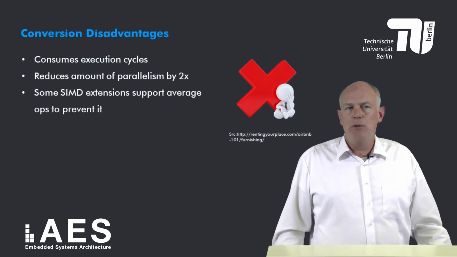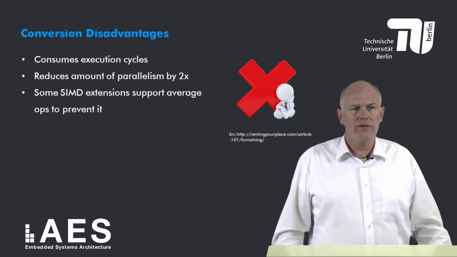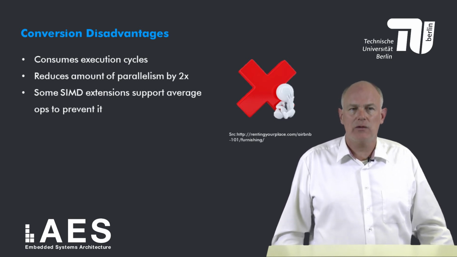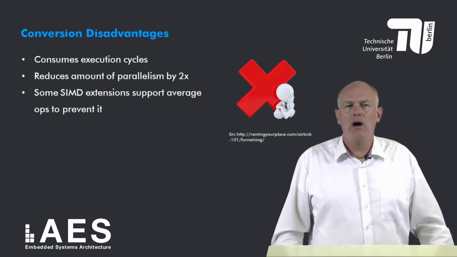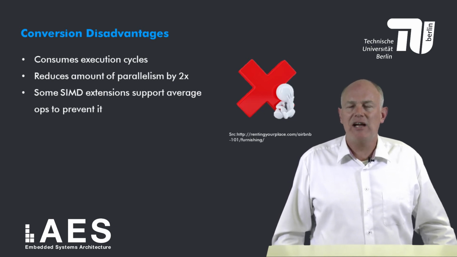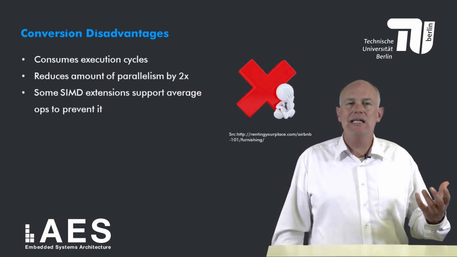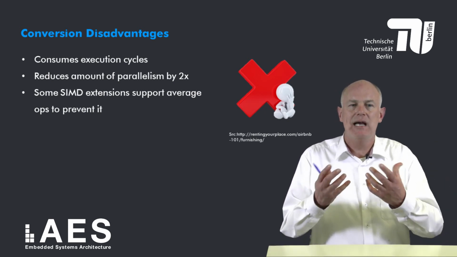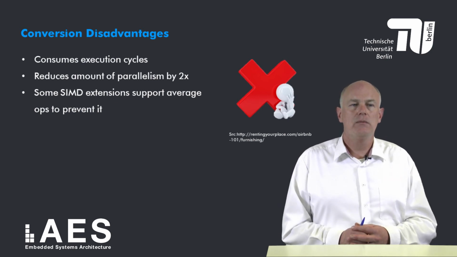Data promotion and demotion, or conversion, has some disadvantages. First and foremost, it consumes execution cycles. The pack and unpack operations require execution cycles. Furthermore, it reduces the amount of parallelism by a factor of 2, because the unpacked data type is twice as large and contains half as many elements as the smaller data type.